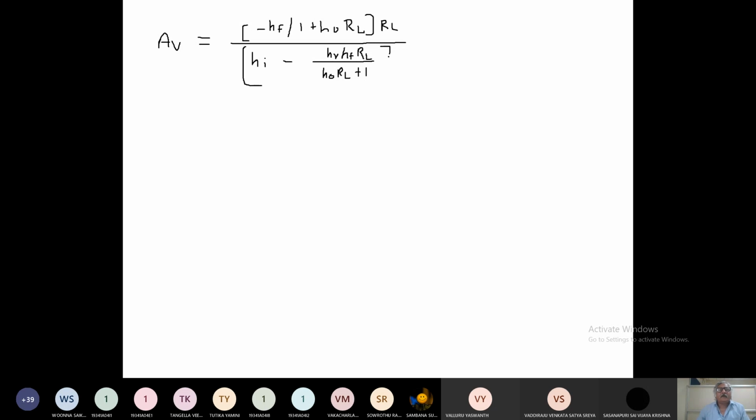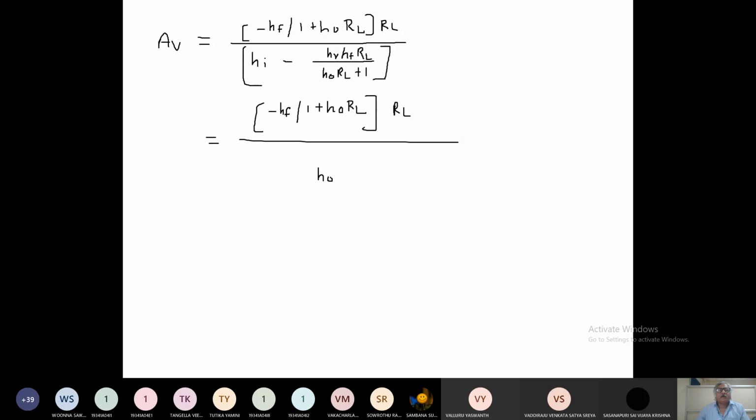Right, now again we will further solve this denominator. So numerator, we are not touching anything in the numerator right now. So we keep as it is, 1 plus H naught RL, divided by, now again denominator we will solve again.